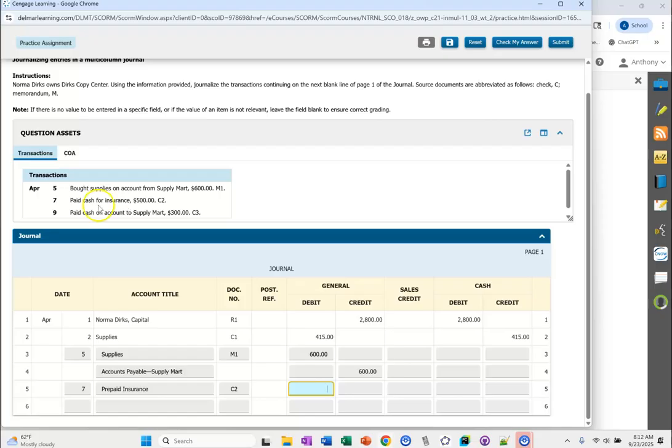And what is this insurance going to be, credit or debit? Insurance is an asset. So if we're getting it, it's a debit. And we're paying for it in cash, so cash is a credit.